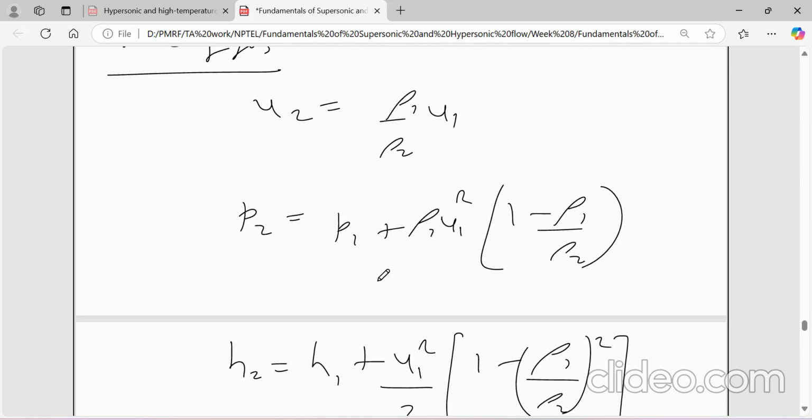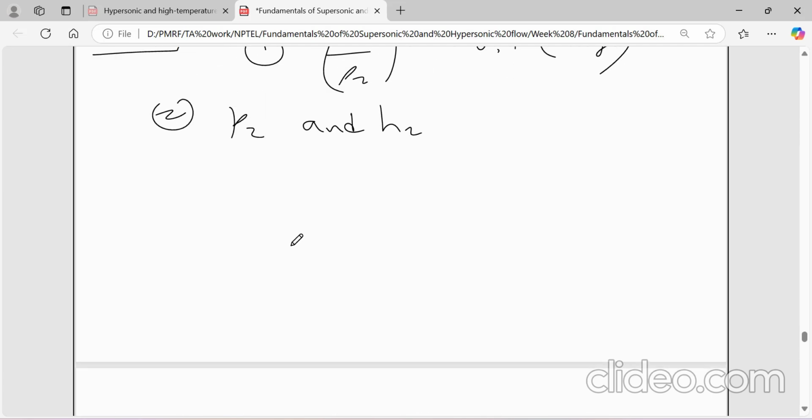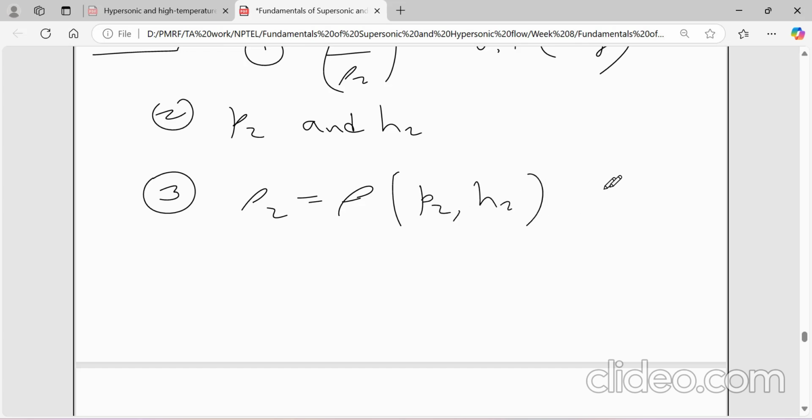All thermodynamic properties can be given as a function of two other thermodynamic properties, so rho 2 is also a function of P2 and H2. So using this P2 and H2 we will find this rho 2.